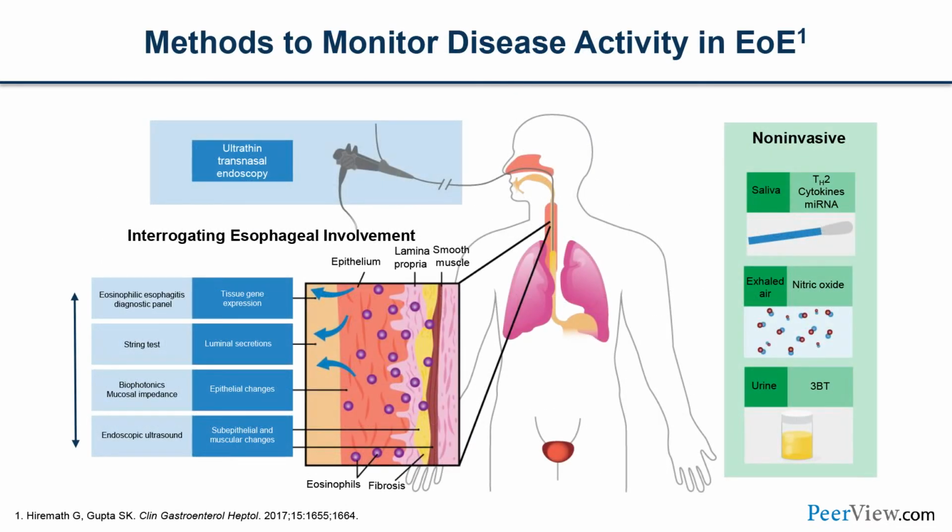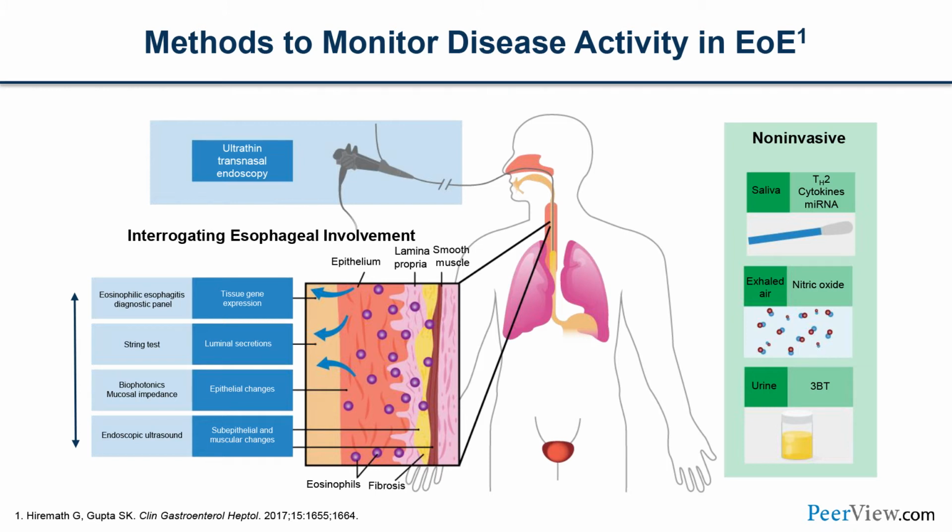There are other methods to monitor the disease, some invasive and some non-invasive measures. The non-invasive measures are still in the research stage and not really available for clinical use, but things like checking for the Th2 cytokines, which are the allergic inflammatory cytokines, in the saliva, exhaled nitric oxide, much like you can use for asthmatics, how much nitric oxide is in the breath, and also there is a urine test, the 3BT.